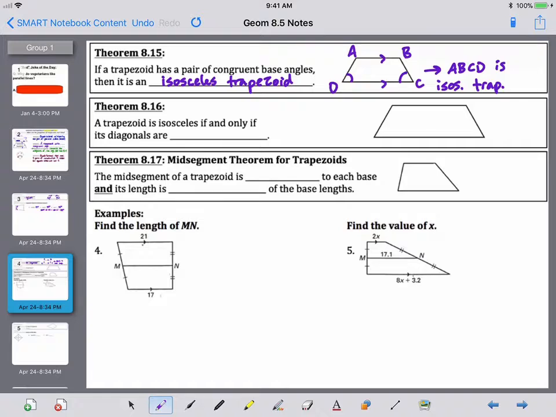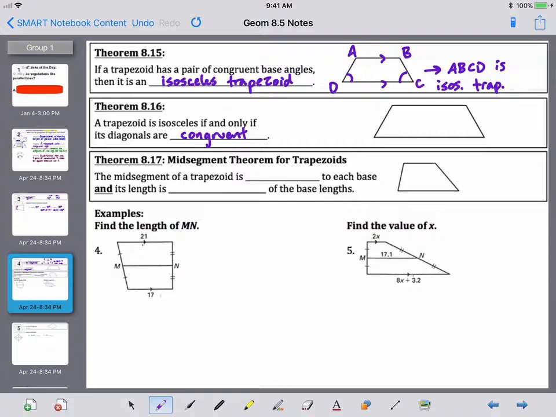Another theorem about isosceles trapezoids is an if and only if theorem, so remember that works both ways. And it tells us that a trapezoid is isosceles if and only if its diagonals are congruent.